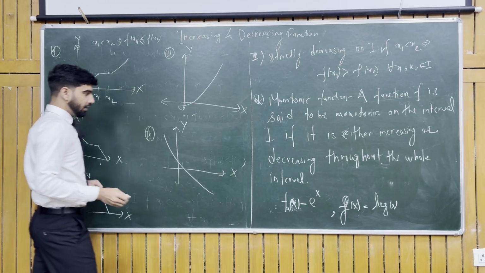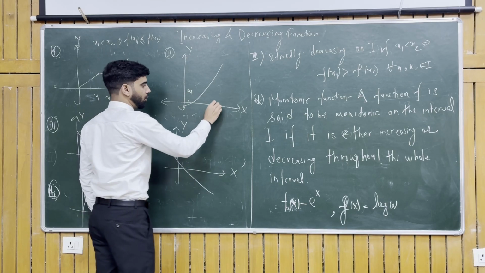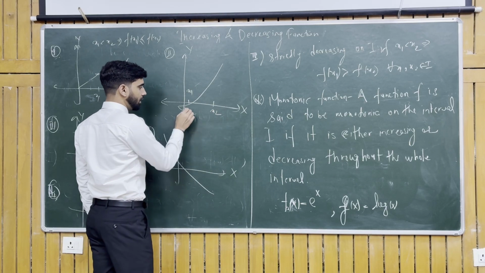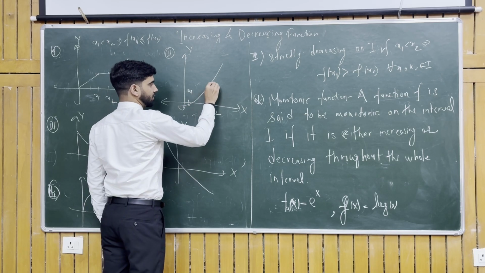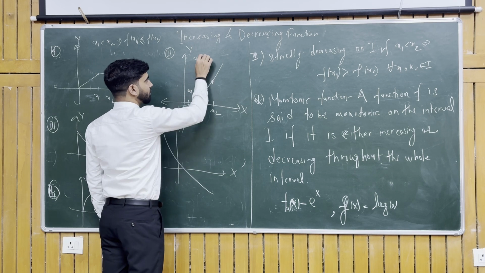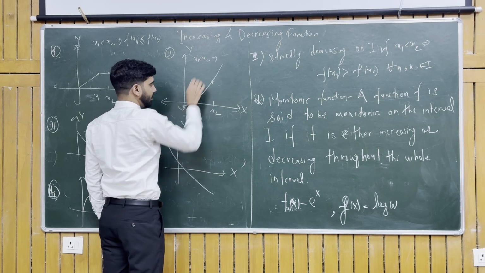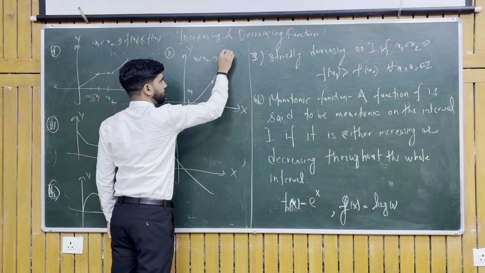Similarly, for reference, we can take this point as x1 and this point as x2. We can see that this is the value of the function at x1 and this is the value of the function at x2. So x1 less than x2 implies that the value of the function at x1 is less than the value of the function at x2.